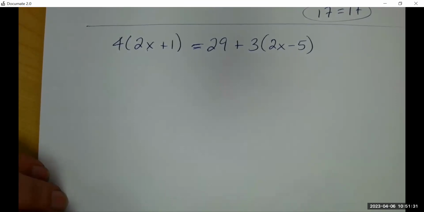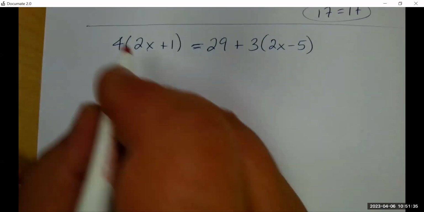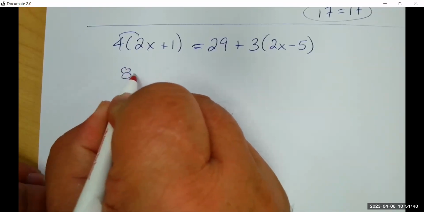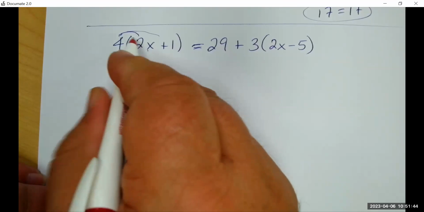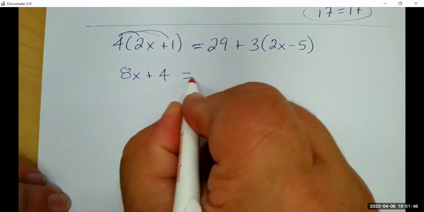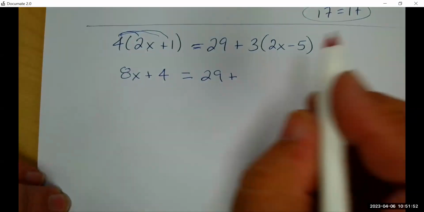Can't you do the rainbow? Yeah, because whenever you have to get rid of the parentheses, you do the rainbow. 4 times 2, and then positive is positive, 4 times 1, 4. Equal sign. There's a 29. Do the rainbow.